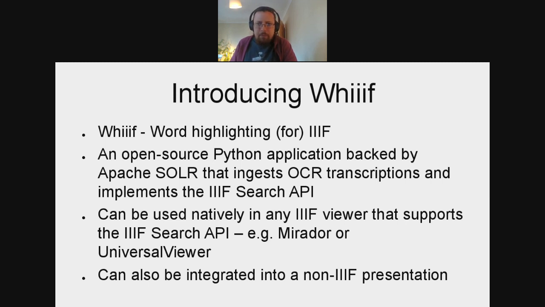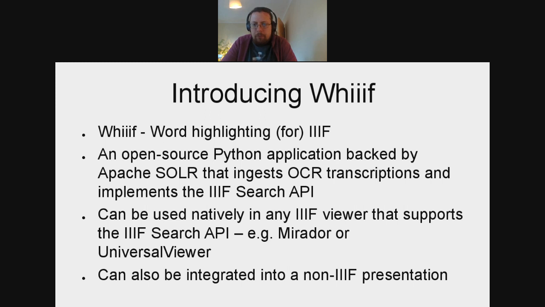So this can be used, obviously, because it's the IIIF search service, in any IIIF viewer. This is the big advantage of it, that it supports the search API. So Mirador or Universal Viewer, you can just plug in and go. Once the search service is added to the manifest, any viewer that understands how IIIF search works will be able to use this backend service without any further work required.